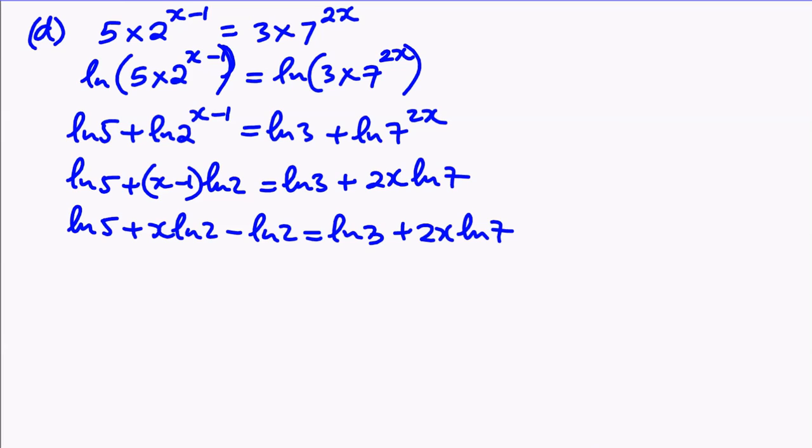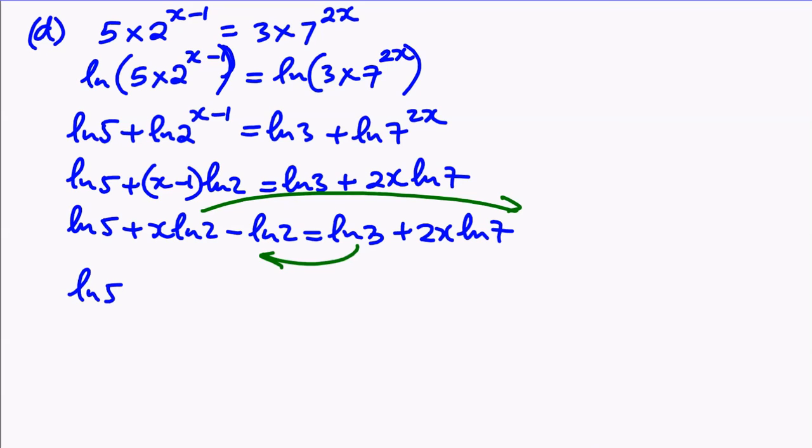Take all these to the right and bring 2x to the left. Alternatively, what we can do, actually this is much easier, take this to the right and take this to the left.